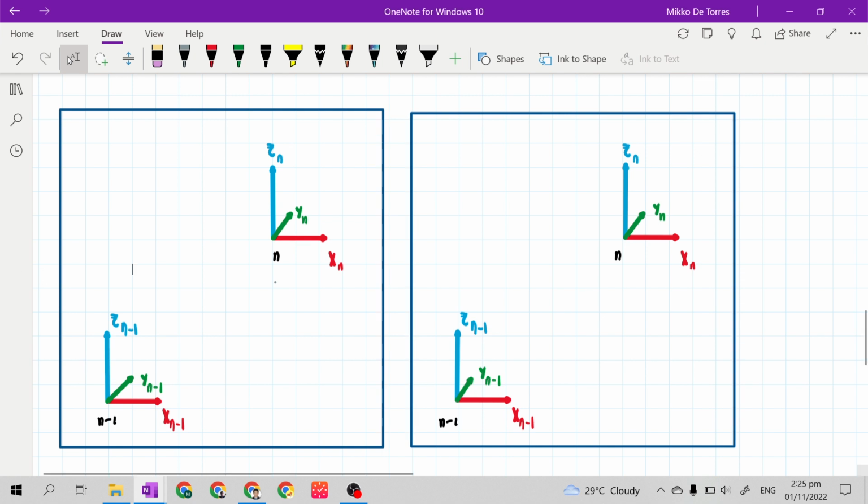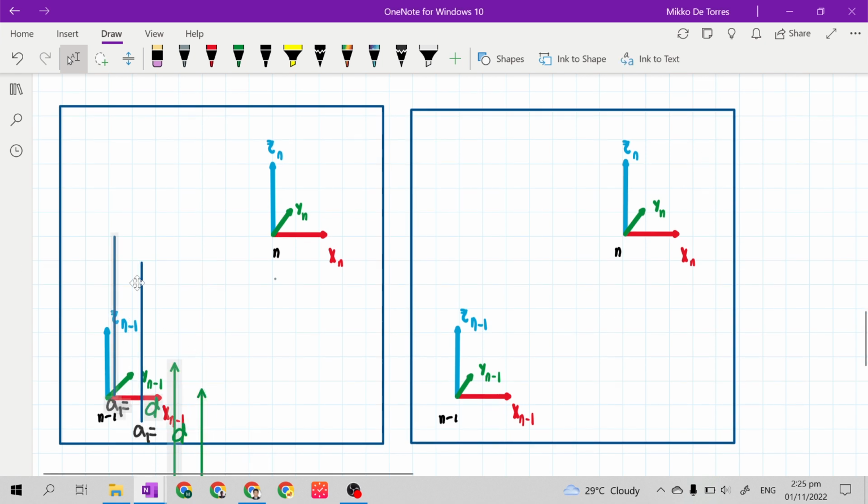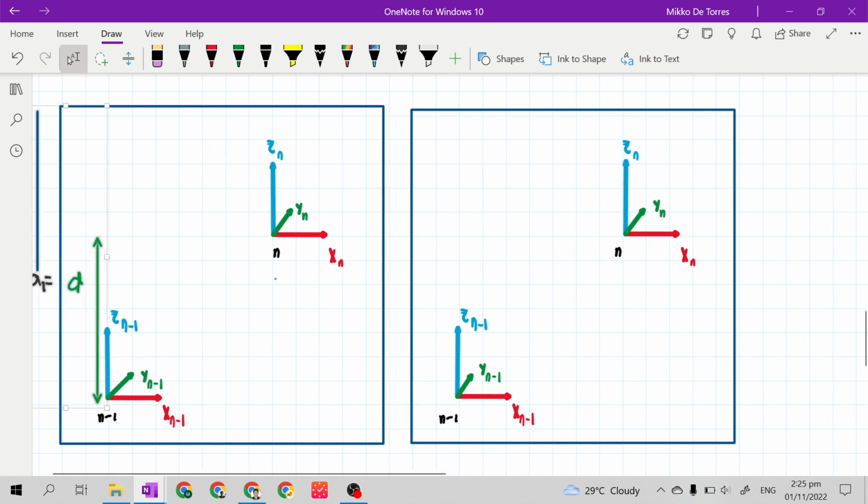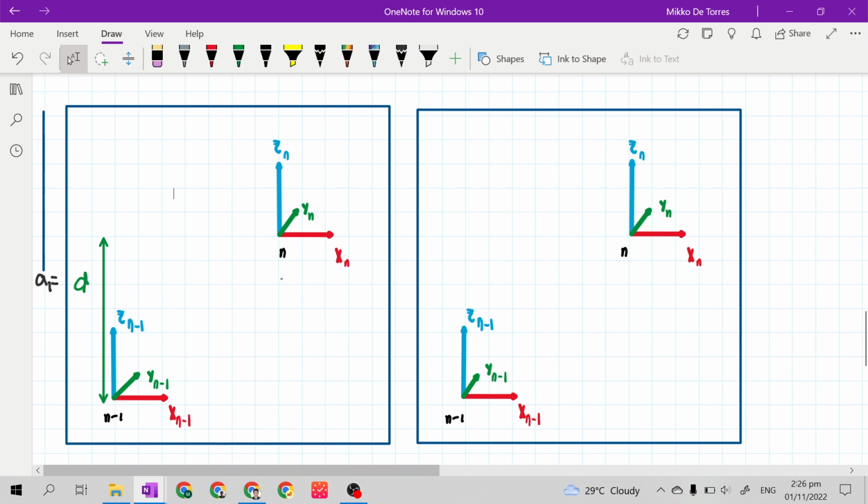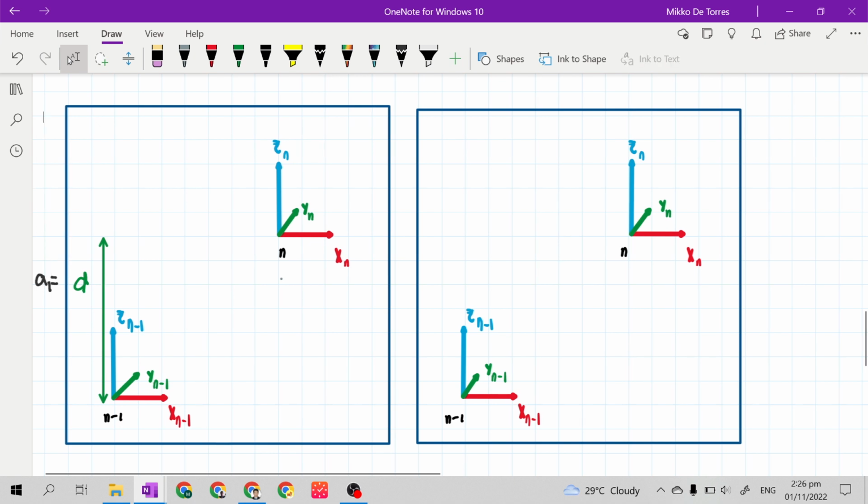It is indicated by the link lengths. The link lengths along z sub n minus 1 will be the distance d, or the parameter d.